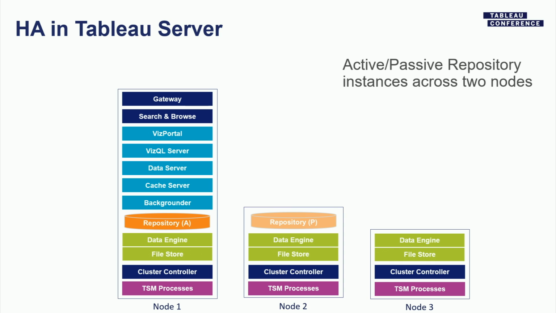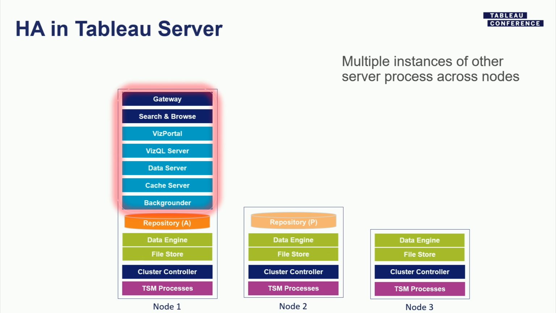All right, so now we have repository and data engine and file store that are highly available. Now let's look at the rest of those processes. So repository and file store are really what store a lot of the persistent data, all the data that we really need to keep within the system.